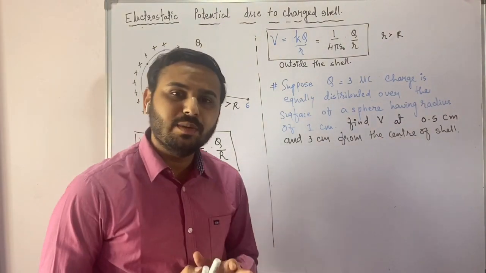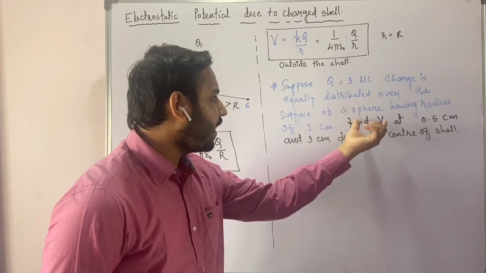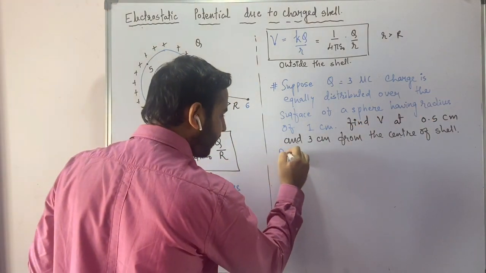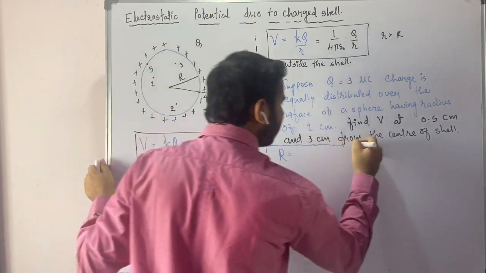Now if I want to find potential at 0.5 centimeter, this point here, your capital R is 1 centimeter, right?